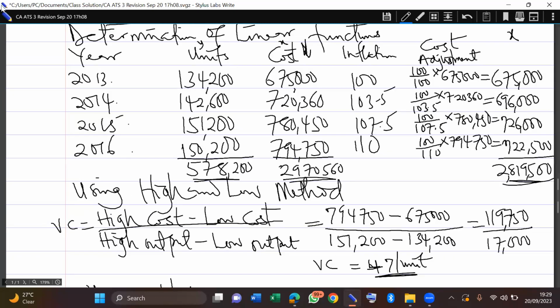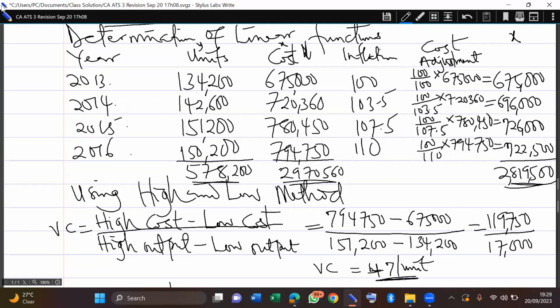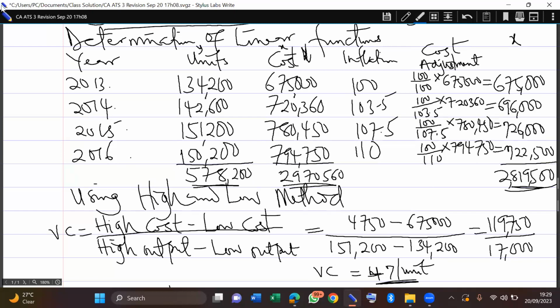Now, please, let's come back to our high cost. What's our high cost? Using the cost adjustment, our high cost now is 726,000, for 2015.